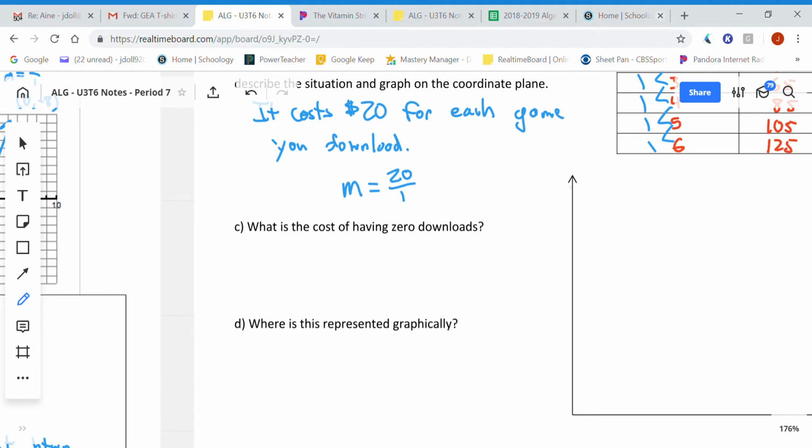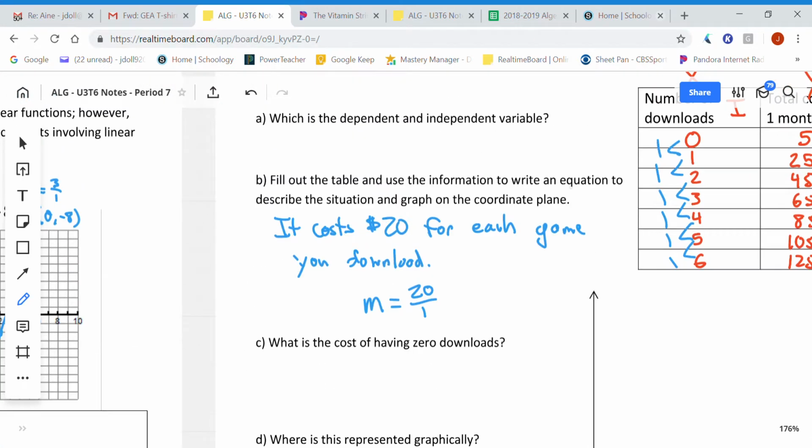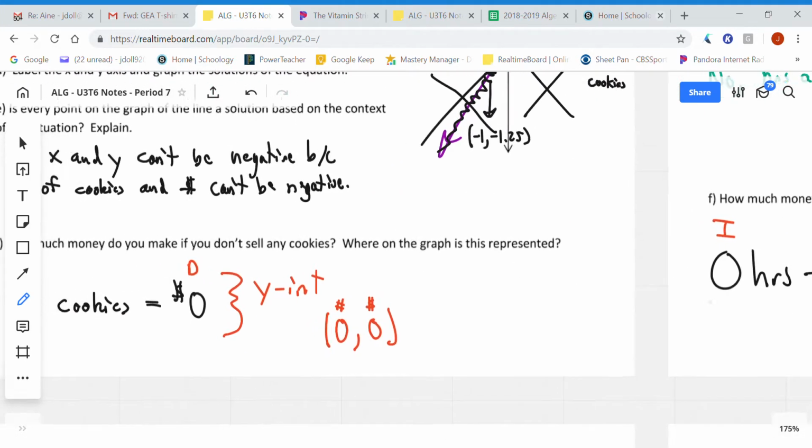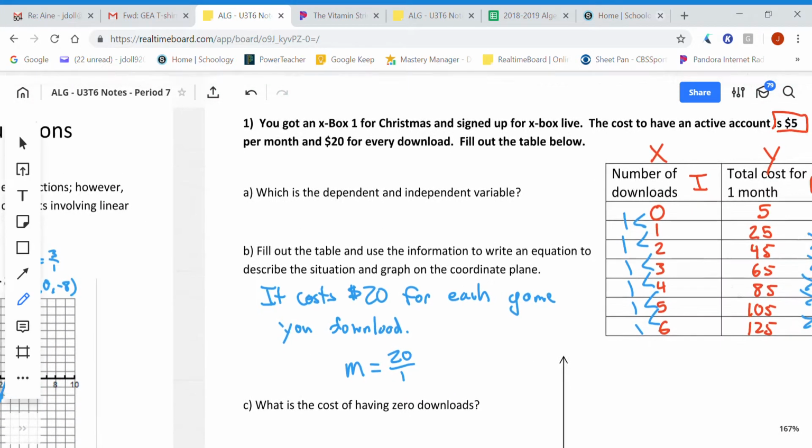So the question now in C has a different answer than we had previously in the notes. Up here, previously, you could see that if our independent variable was 0, our dependent variable was 0 in both of the situations that we looked at, right?